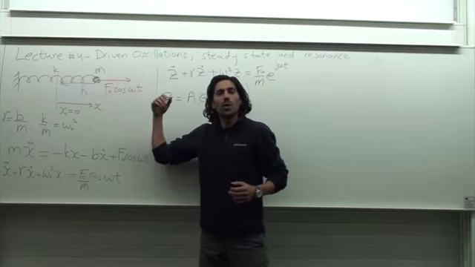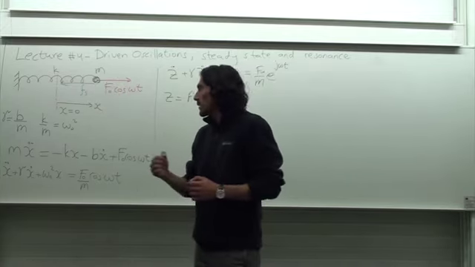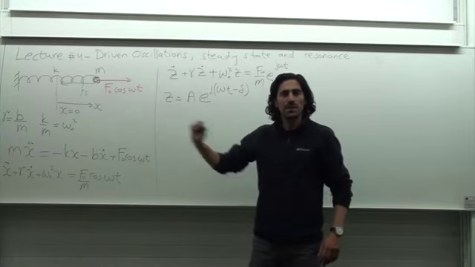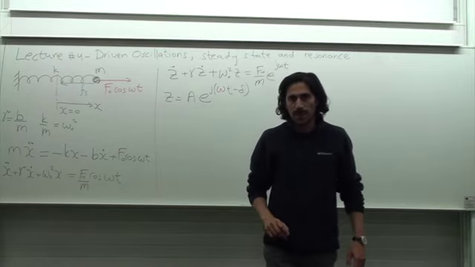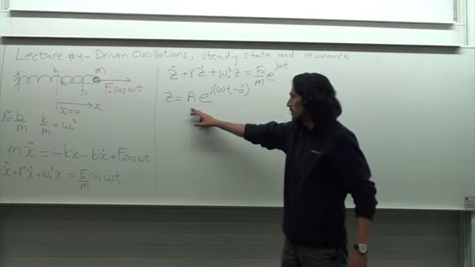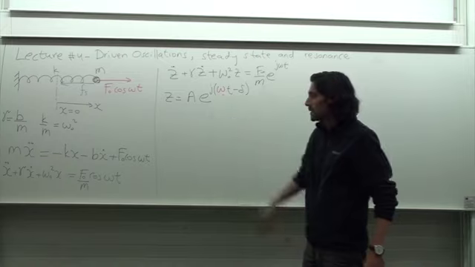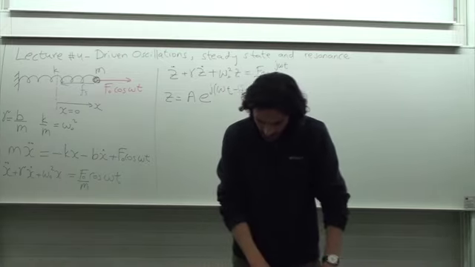Initially the spring wants to do something else, maybe it wants to oppose my driving force, but if you give it enough time, the system eventually starts oscillating with this omega. So it's important to understand why in the trial function we are using this omega from the driving force.